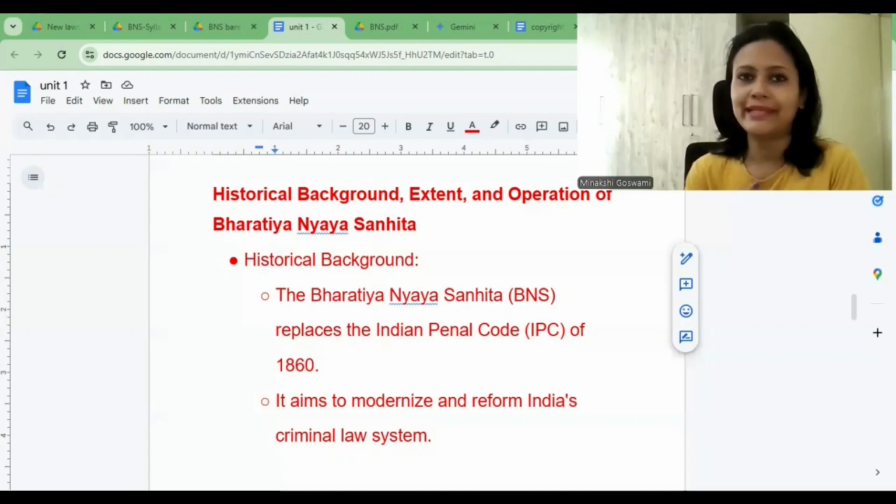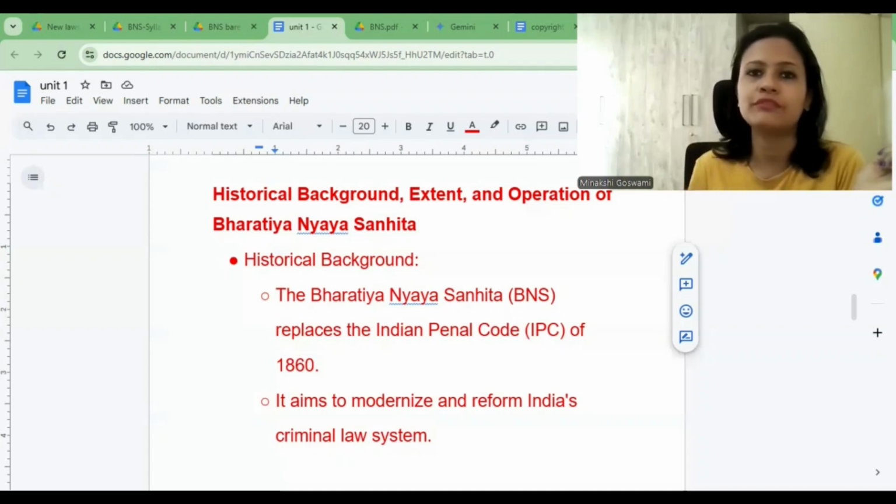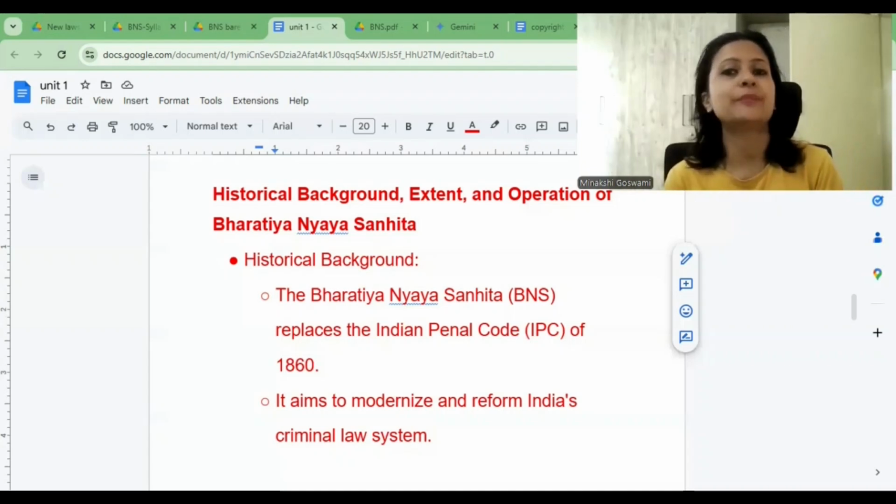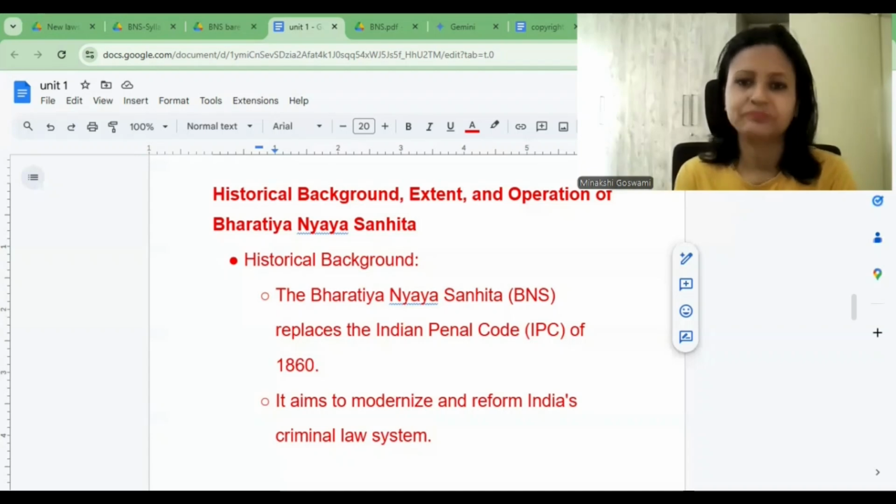So IPC was amended multiple times to make sure that it stays relevant with time. But BNS has replaced it, as in IPC is no longer valid, no longer applicable. Whatever cases will be registered after 1st of July 2024, whatever FIRs will be lodged, everything will be under the provisions of BNS only.